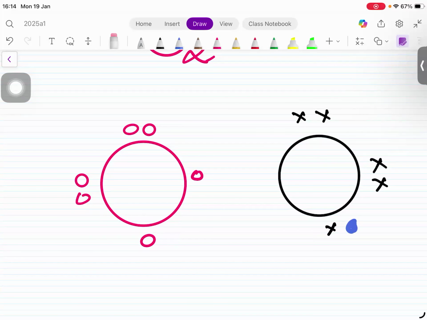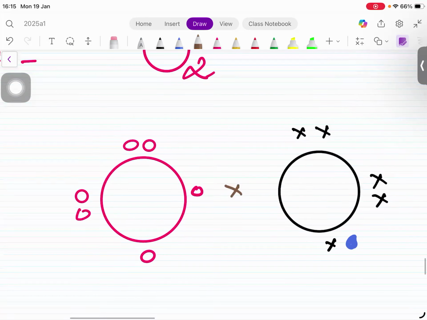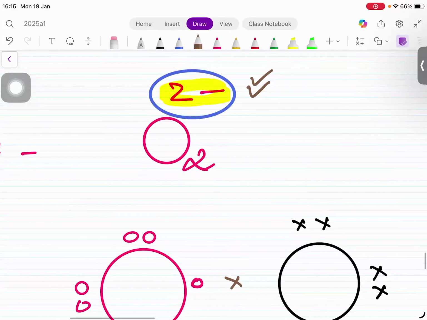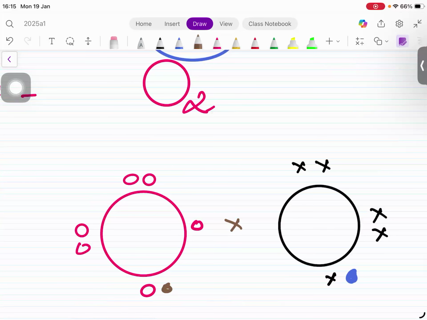Oxygen needs how many electrons to complete? 2 to get 8. So if the other oxygen comes and shares 1 electron, that will be 7. On the other hand, I know that 2 extra electrons are also gained. So that's why I put 1 electron on this side, 1 electron on this side. In this way, it gets a negative charge on this and a negative charge on this. Right? So this is how we look at that.